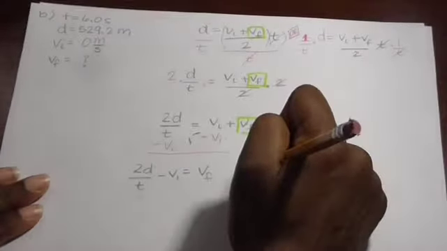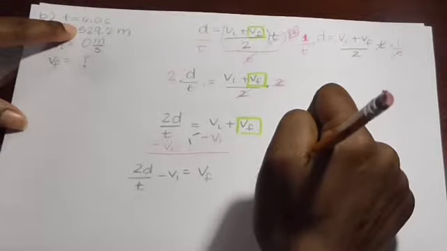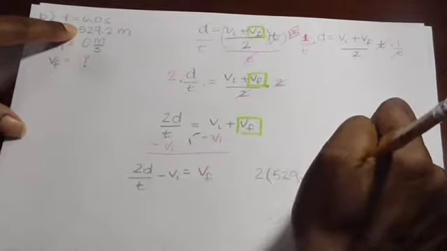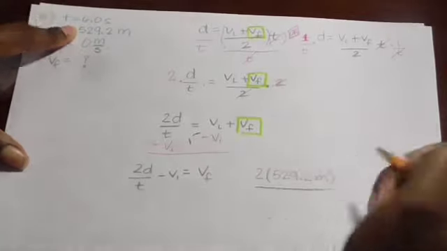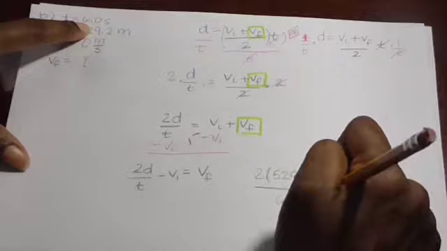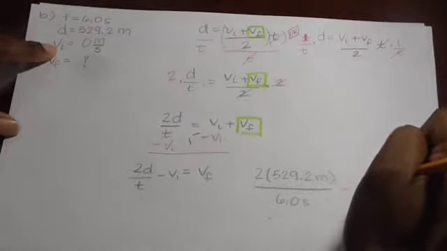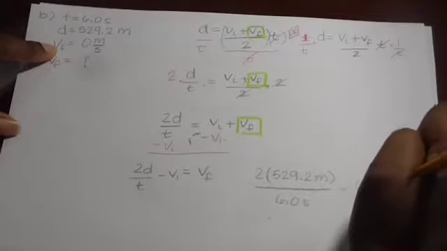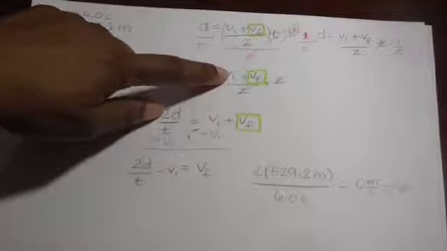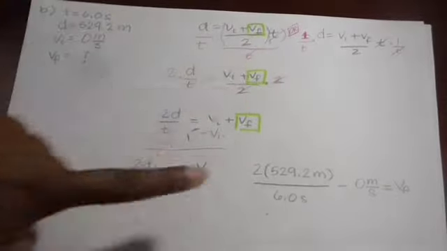So we have 2 times our D, 529.2 meters, over T, which is 6.0 seconds, minus our VI, 0 meters per second. Now, some of you caught on a long time ago that this was 0, and so this section disappeared from all of our equations.